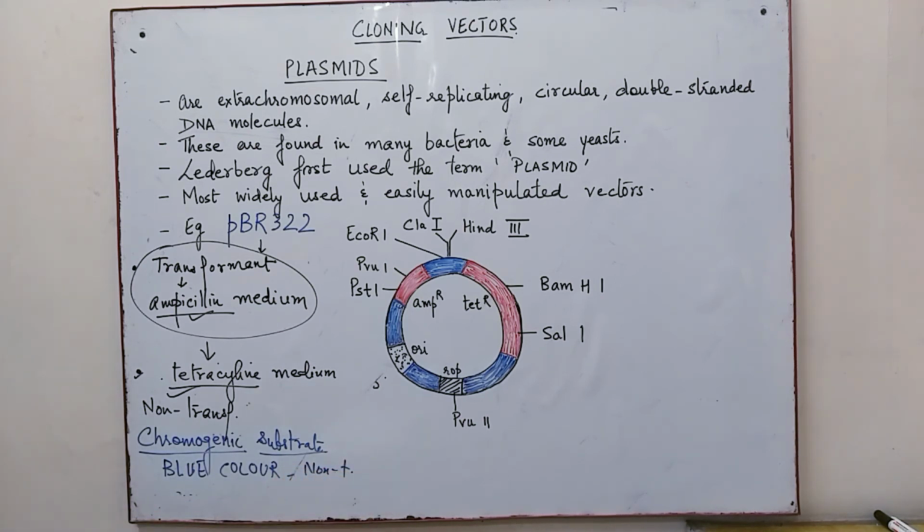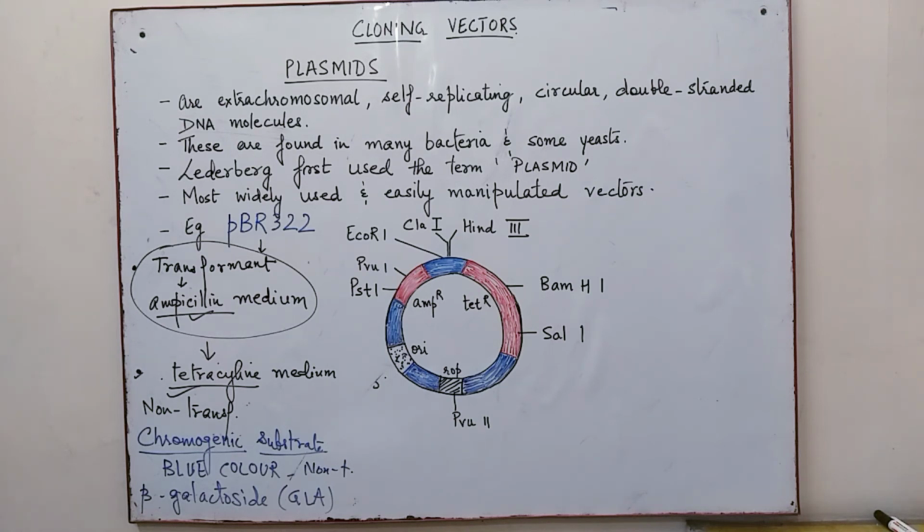It will not have the insert. But when the recombinant bacteria is formed, the gene LacZ, that is the gene encoding beta galactosidase enzyme, becomes inactivated due to insertion.